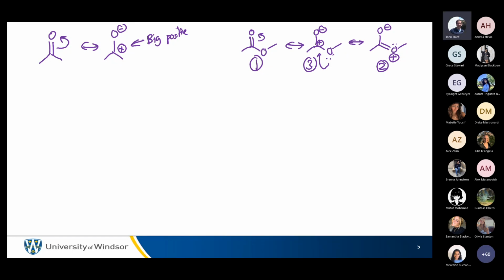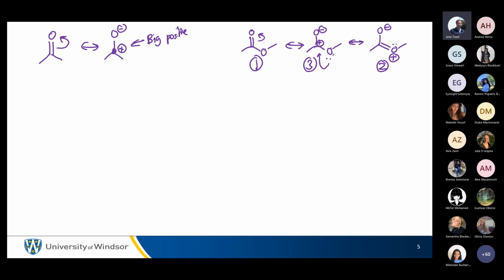Yeah, perfect, Samantha. Absolutely, Anna. You guys are absolutely right. So although we have the positive charge on the more electronegative atom, everybody's got their full octet. So suddenly if we're looking at this, the positive on the ketone is entirely on that carbon. The positive on the ester is kind of spread out over the oxygen and the carbon.